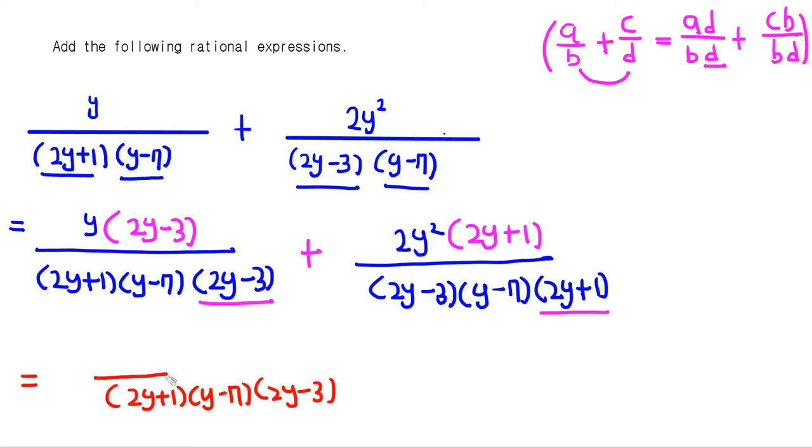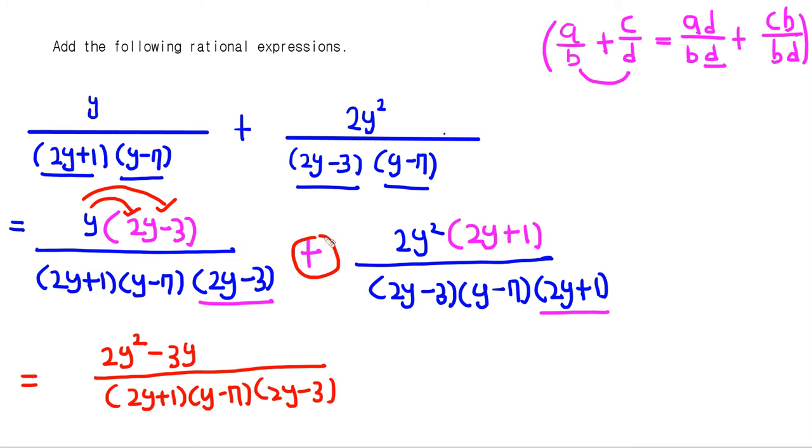Then over, we can use the distributive property in order to remove this parenthesis. We're going to have y times 2y, which is 2y squared, and y times minus 3, which is negative 3y.